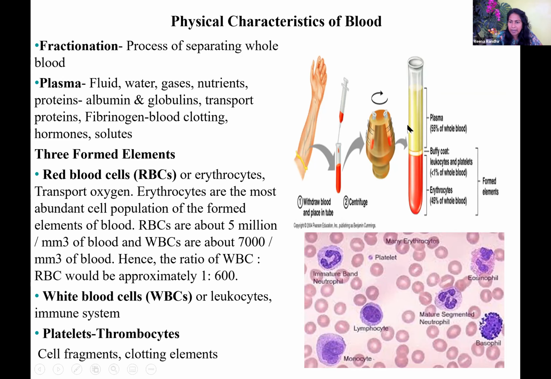You can see plasma, or the liquid part, is a straw yellow colored, and it's about 55% of the blood. Everything that settles are the solids, and they are called formed elements. They are approximately 45%. In between is where you would see the white blood cells and platelets, called the buffy coat, the white part.